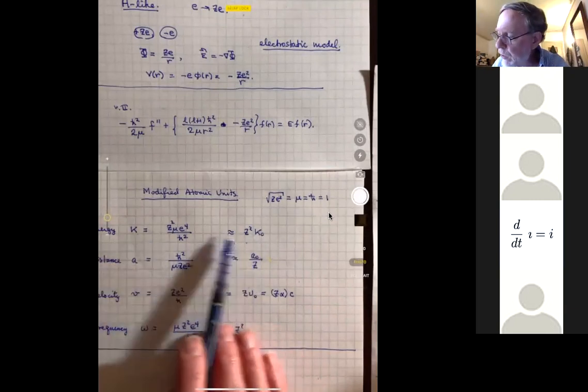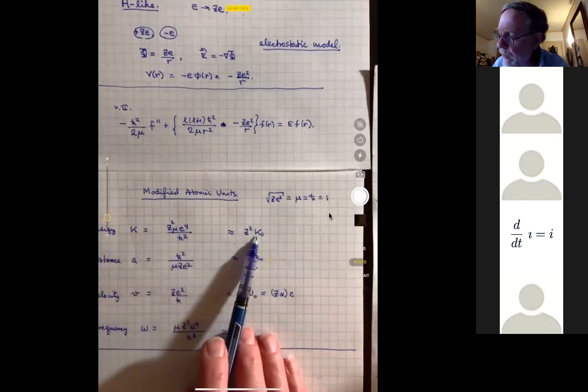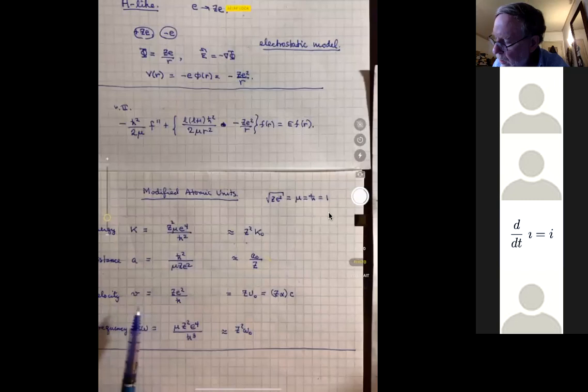This tells you that energies go as the square of Z compared to hydrogen-like energies. Velocity goes in proportion to Z times v0. Frequency goes like Z squared. The frequency of the electron in the ground state of hydrogen is already pretty fast. I mean, the time scale is sub-femtosecond. But if you wanted to crank that up to uranium, you see it increases by nearly 100 squared, nearly 10 to the 4th times faster.